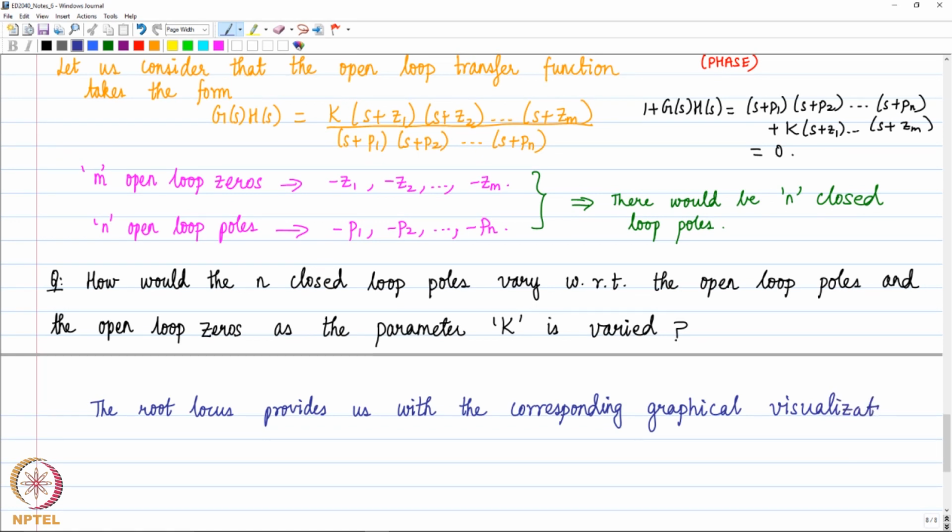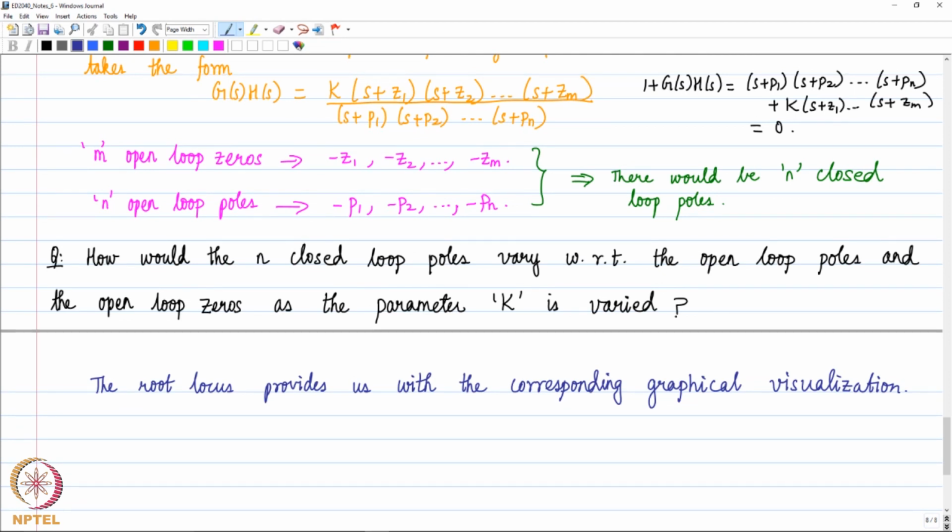So what we are going to consider is the following. We would first consider the case when the parameter k is non-negative, and then we will see what happens for the other case also.